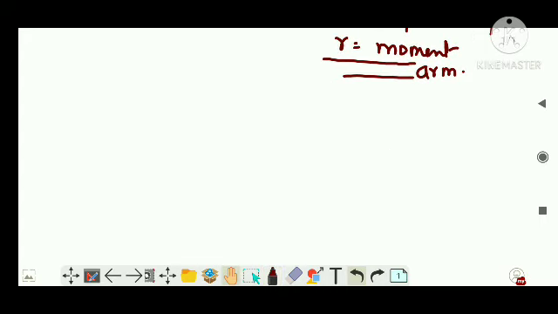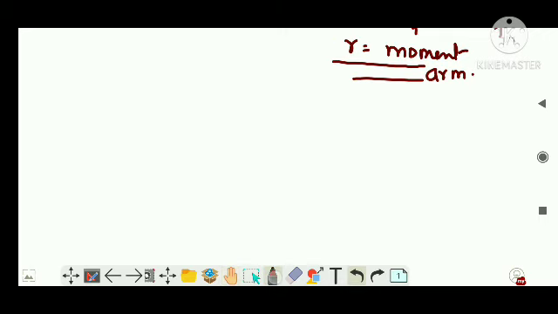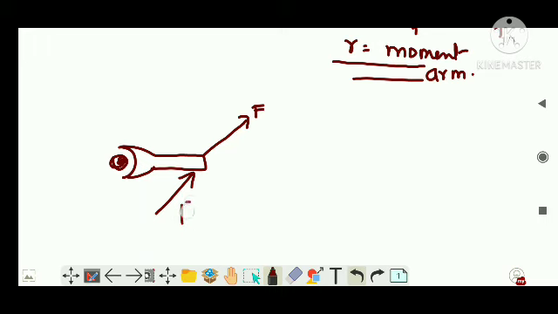Now the third criterion is the angle at which we are applying the force. Let us take the same example of the nut and the spanner. Suppose I'm applying a force in this direction, from below, so I can extend it.